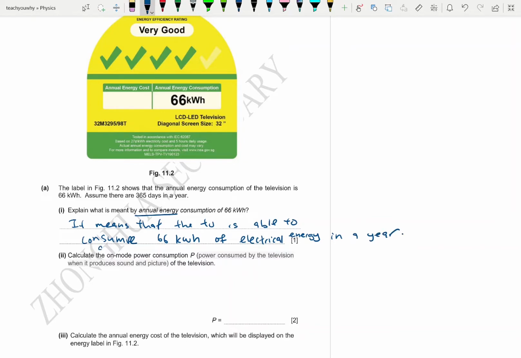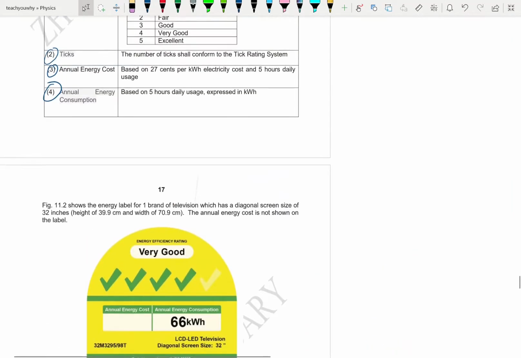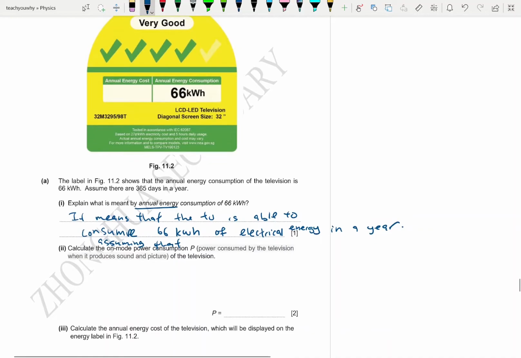Okay, assuming that it is used 5 hours daily. Calculate the on power consumption by the TV when it produces sound and picture of the television.